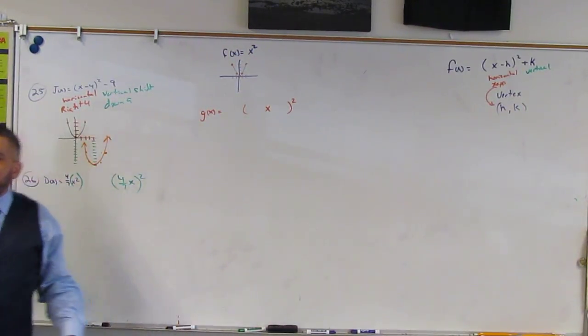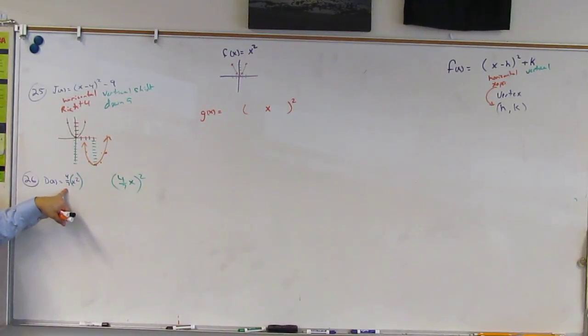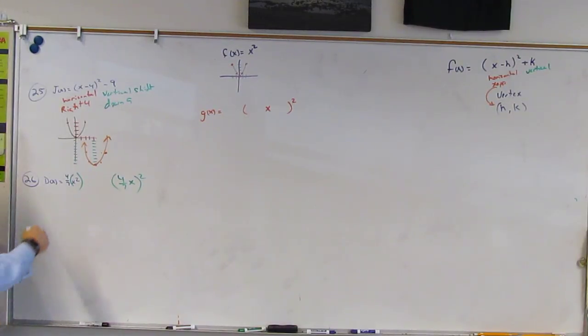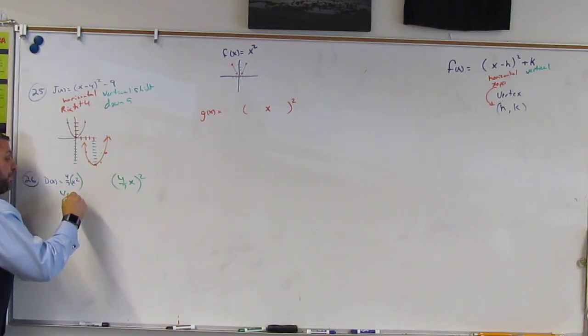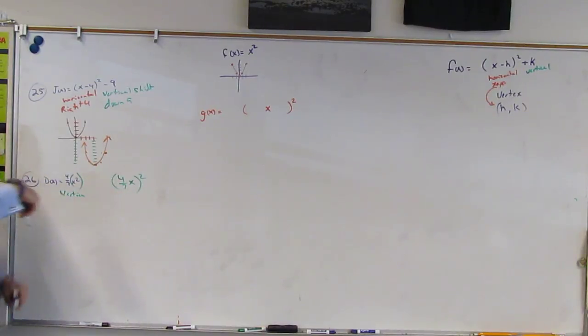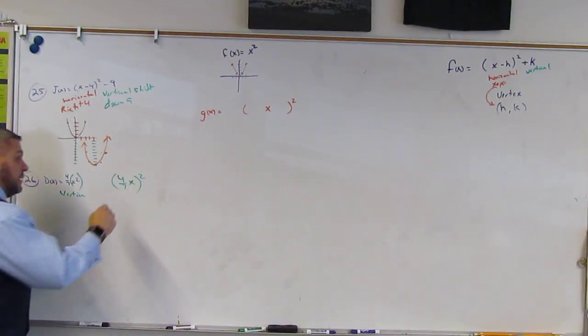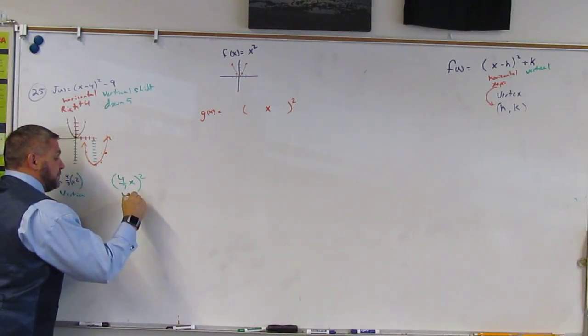So, is this horizontal or is this vertical? Yeah, it's vertical. It's outside, right? So this would be vertical, and this would be horizontal, right? If it were inside, that would be a horizontal.